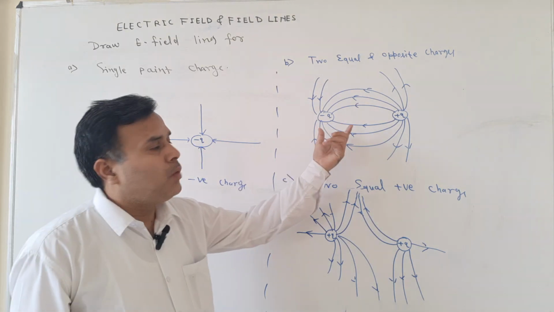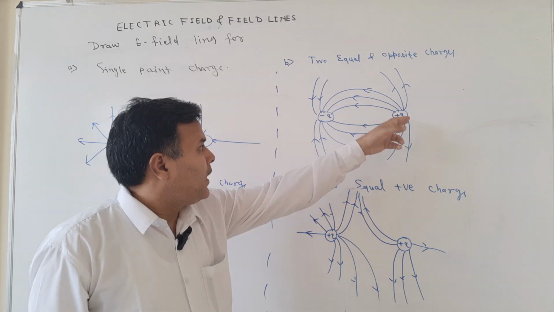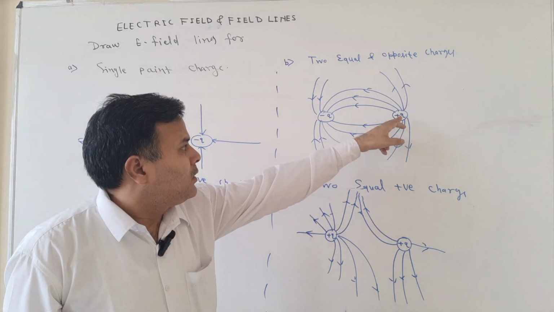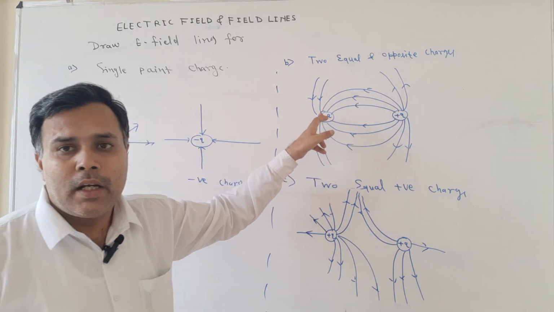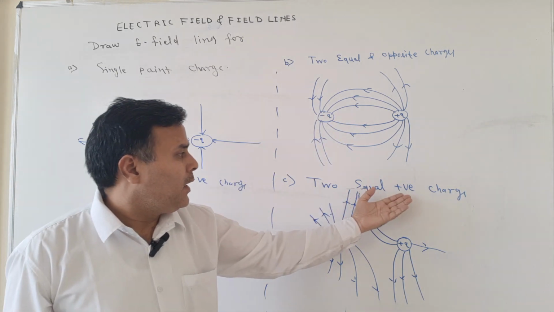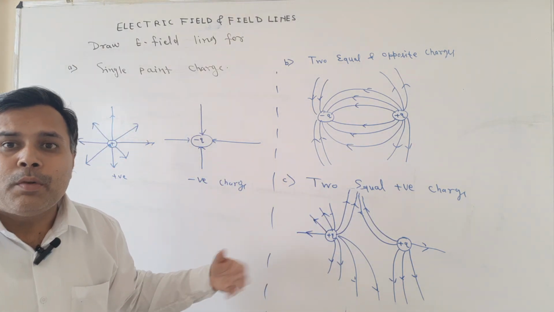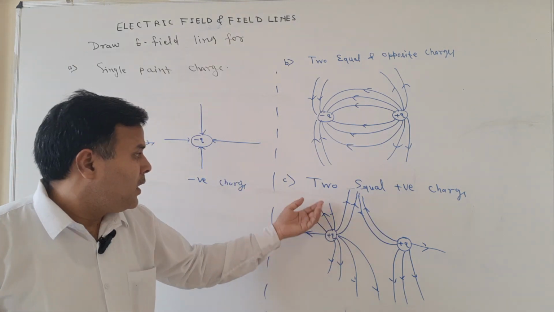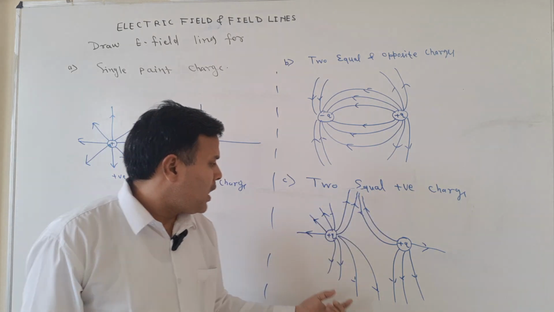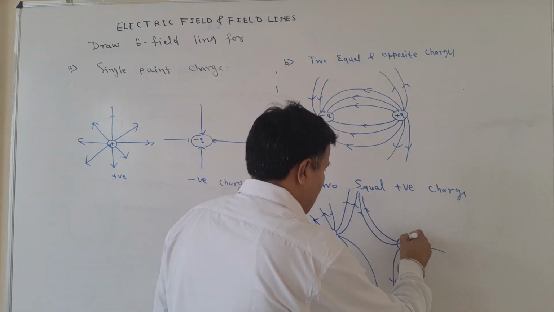If we have two equal and opposite charges, in this case we have this profile, where electric field lines originate at positive charge and terminate at negative charge. But if we have two equal positive charges, or the converse, two equal negative charges, the pattern of electric field lines is this way.